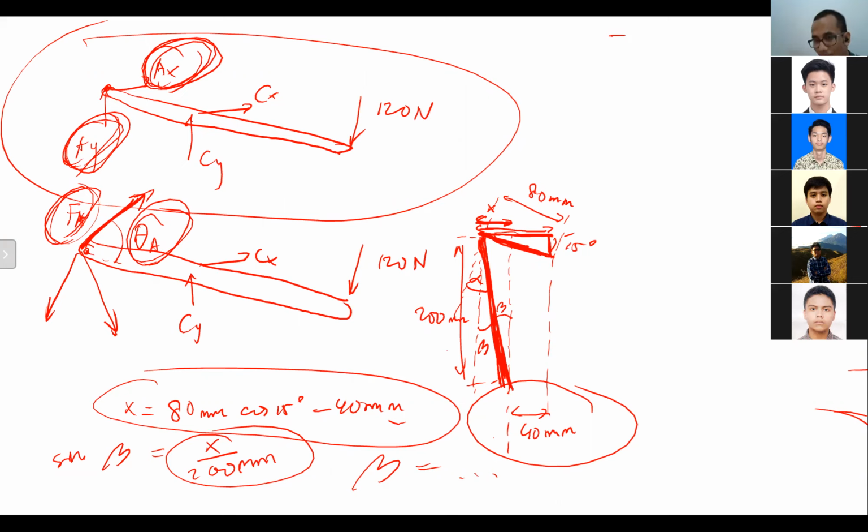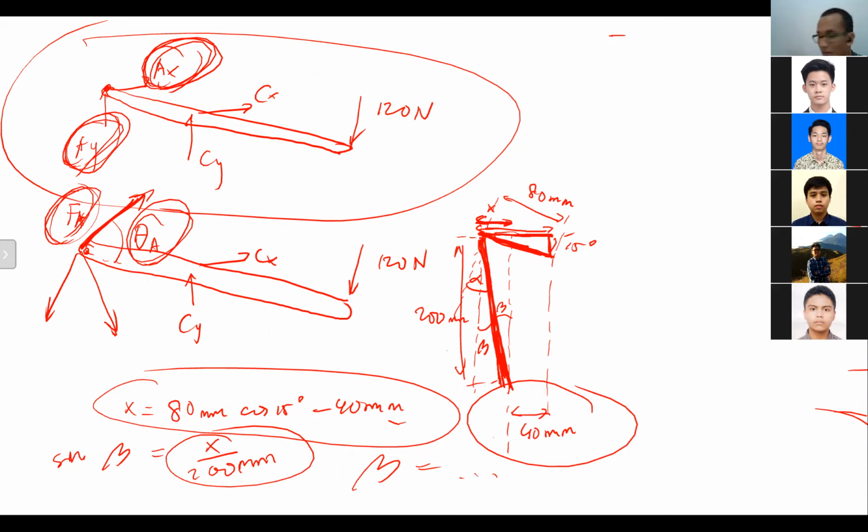You can use both. Okay, sir. Because by using beta only, yes, you can do everything. But by using alpha later, in order to calculate Cx and Cy, you can calculate beta as well, by beta equal to alpha minus 15 degrees.